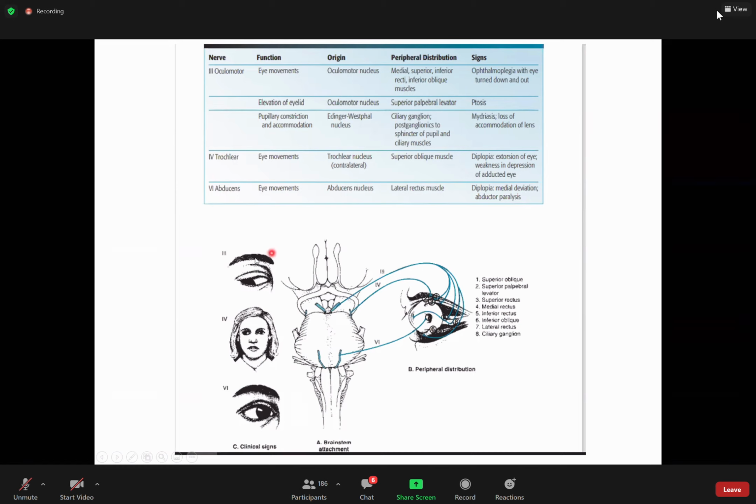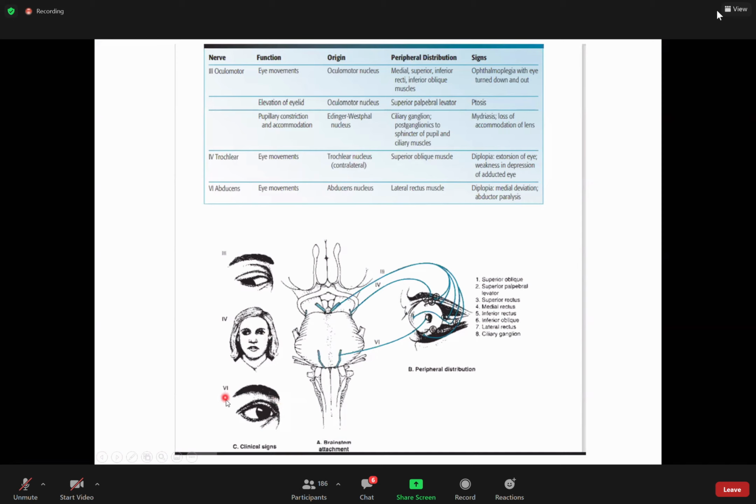If you see the position of the eye, you would find that the position of the eye in third nerve palsy is downward and outward. While if you look at the position of the eye in fourth cranial nerve palsy, you would find that when you are adducting the eye, it is not adducting completely. You can see that it is not adducting completely, downward and medially.